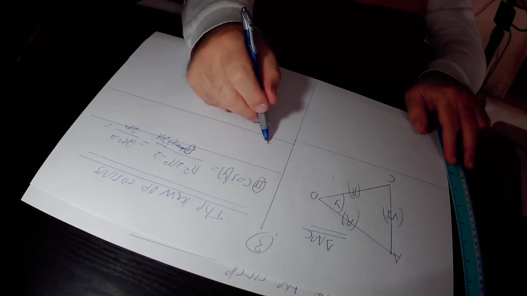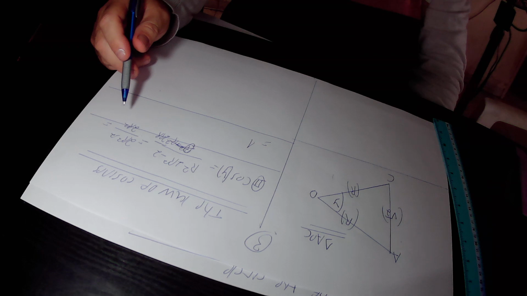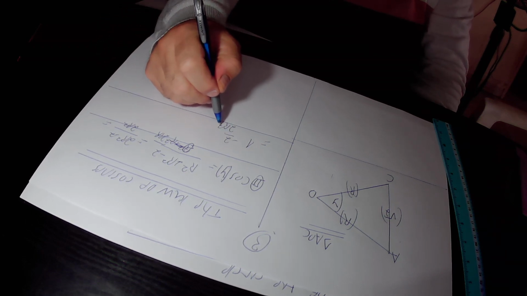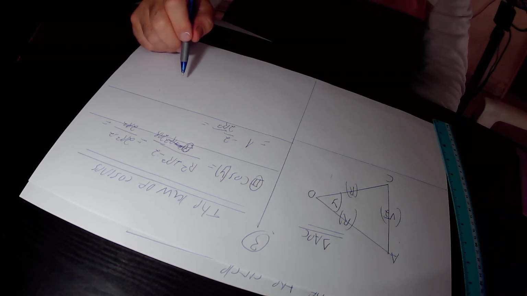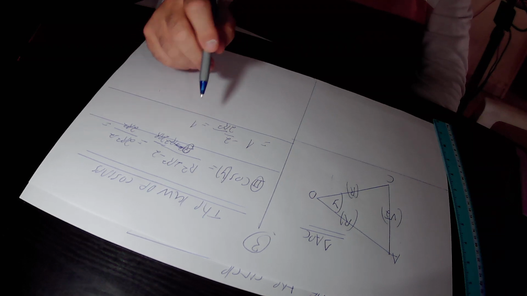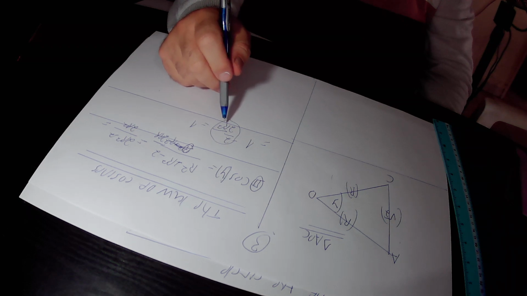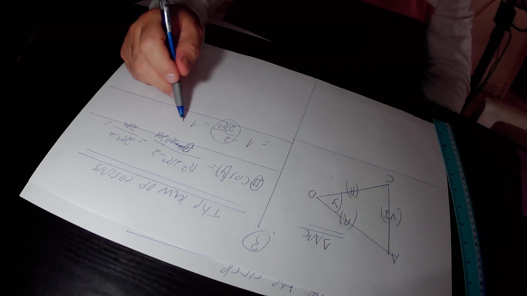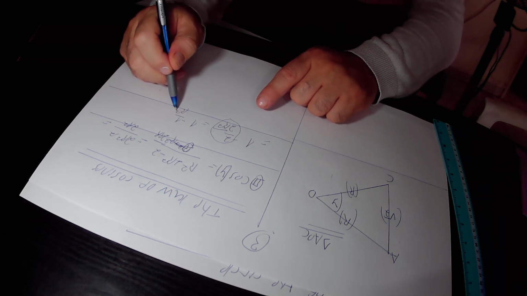2R squared over 2R squared is 1. So we have here 1 minus 2 over 2R squared. Here we divide both the numerator and the denominator of this expression by 2, and we get that minus 2 over 2 is minus 1, and 2R squared over 2 is R squared.